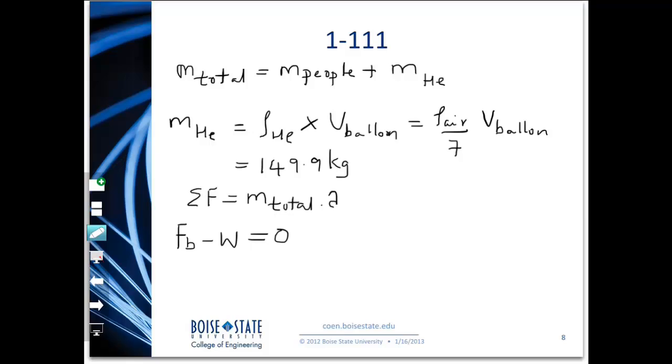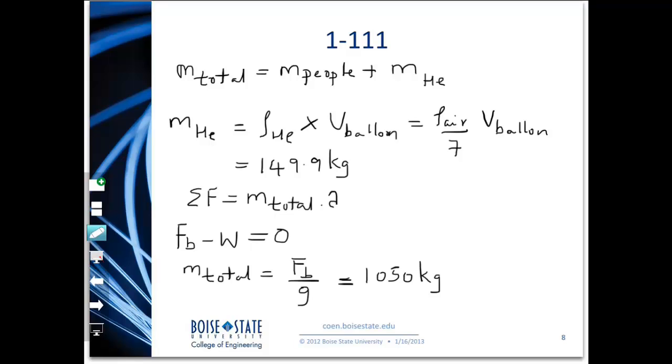Okay, so where this weight here, m total, will be Fb over g. So we know Fb, we know the acceleration due to gravity. So this will be about 1050 kilograms. Okay, so that's the total mass.